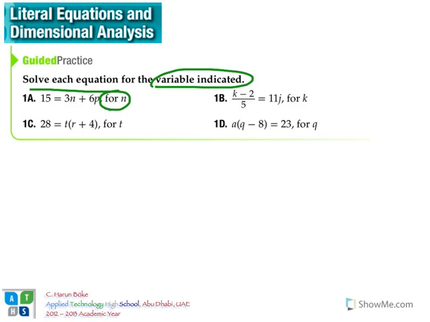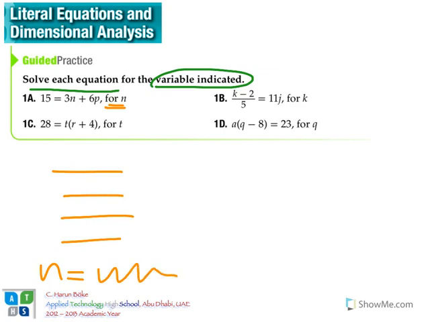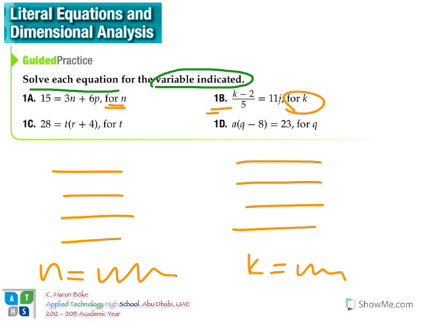Now in 1a it says 15 equals 3n plus 6p for n, meaning you are going to solve the equation so that you will have at the end n equals something. Or in 1b it says for k. So you will solve the equation, you will do the operations, and then you will have k equals something.